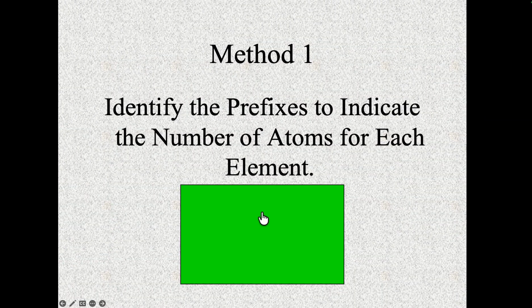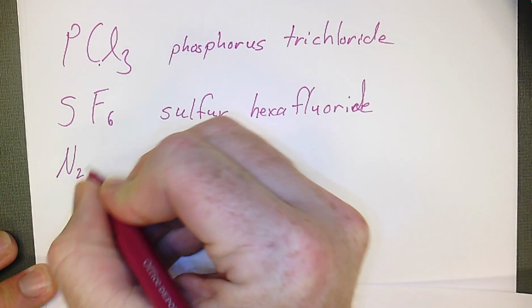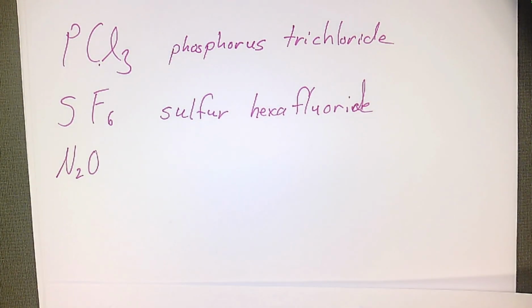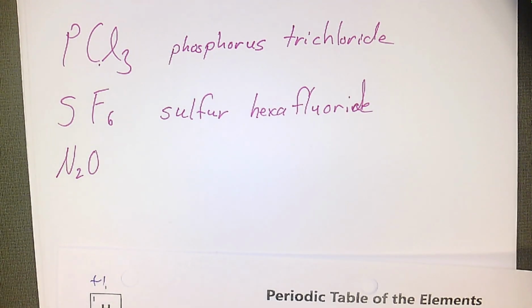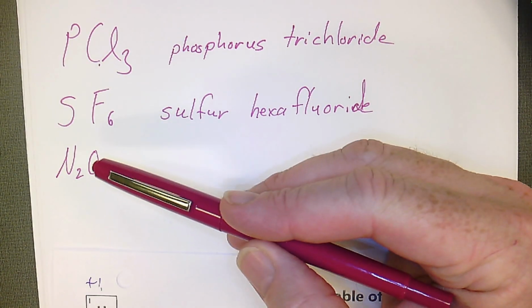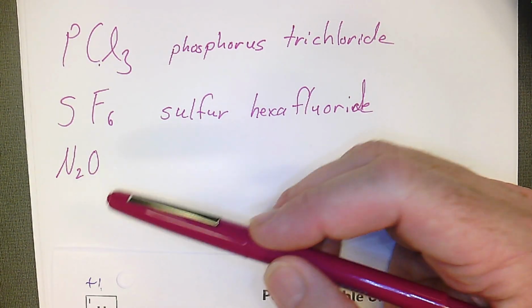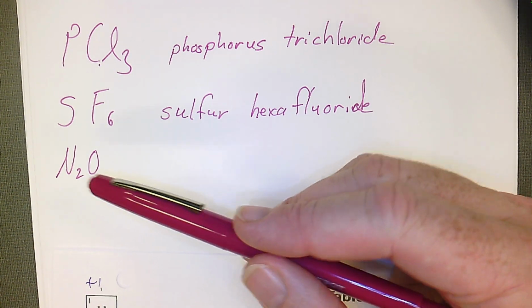All right. Okay, let's do one more. Let's go N2O. Oh, hold on, guys. Just a second more. We'll do one more. All right. Let's see if we can do it without our flow chart. First of all, does it start with hydrogen? No. Is the first part a metal? No. So we got to do our prefixes, right?